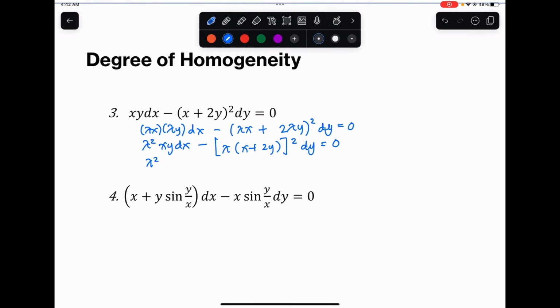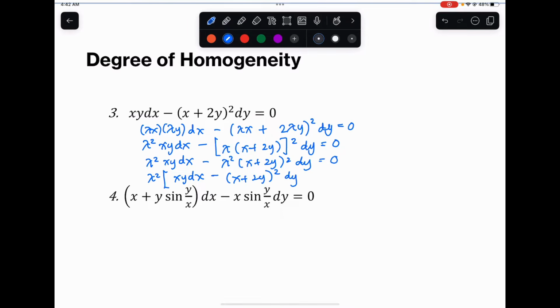So lambda squared xy dx minus, it's the same as lambda squared, x plus 2y squared dy is equal to 0. Then factoring out lambda squared, that would give us xy dx minus x plus 2y squared dy is equal to 0.